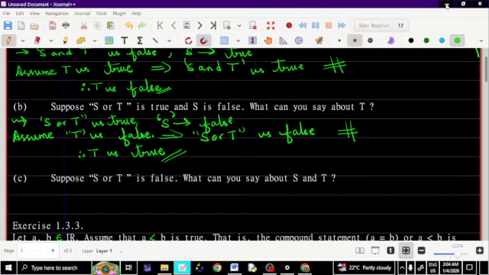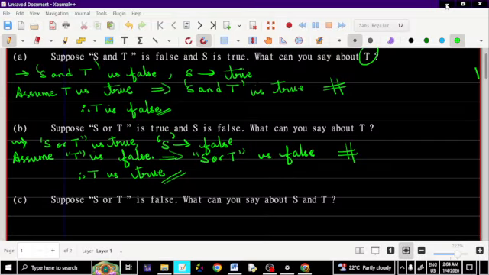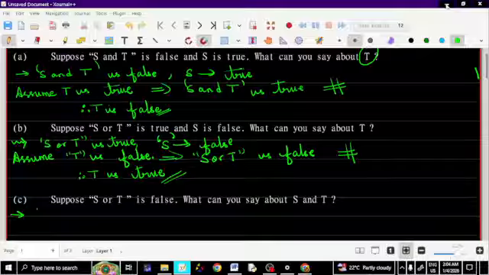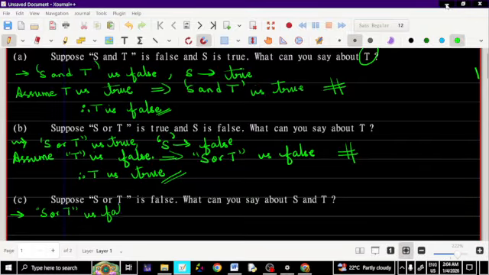Now looking at question number 3, S or T is false. So we are given that, suppose S or T is false, then what can you say about the statements S and T? Even if one of them happens to be true, then S or T will have to be true.